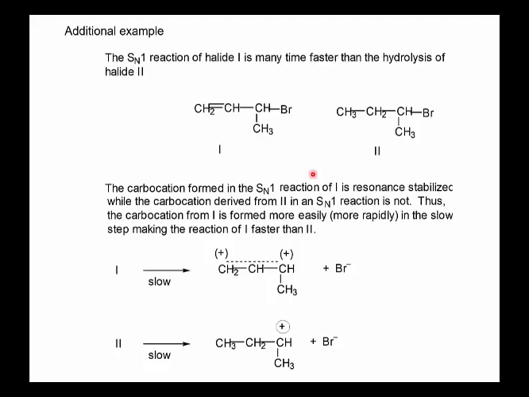So in order to understand why 1 is more reactive than 2, we look closely at its mechanism. Now, in the lower part of the slide here, I'm drawing out the mechanism. I'm actually showing just the first step in the mechanism. First step is the most important step. It's the slow step. That's what determines the reactivity.